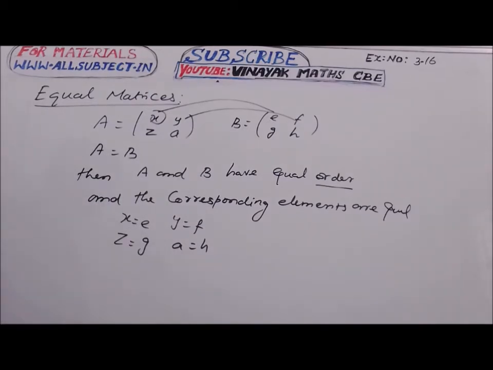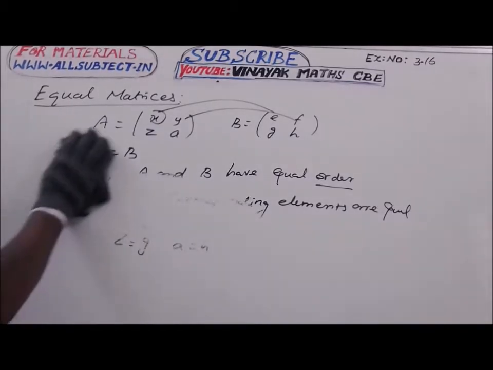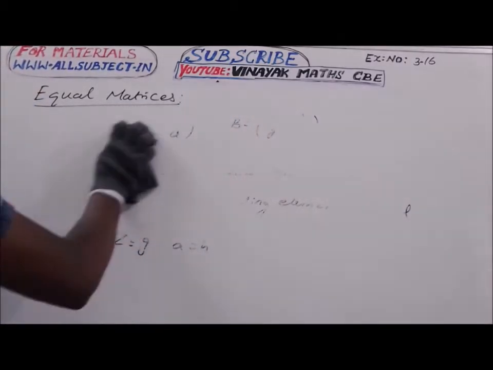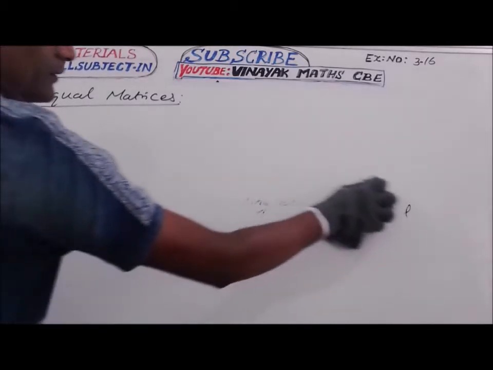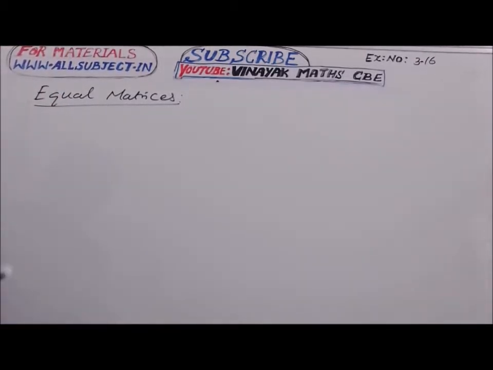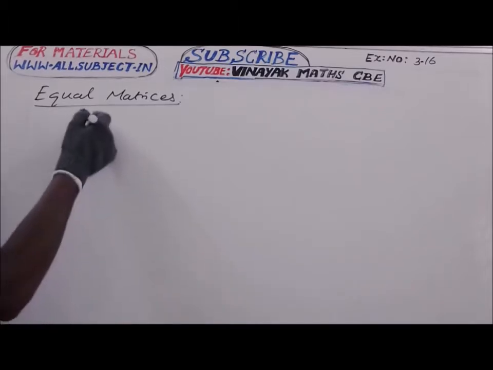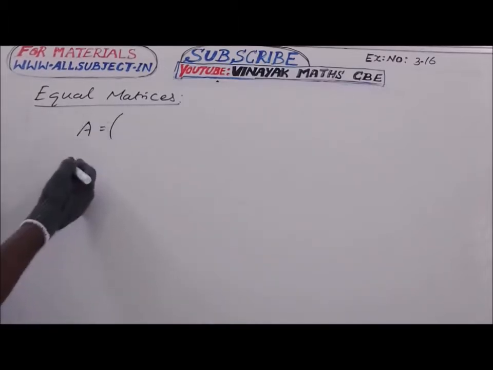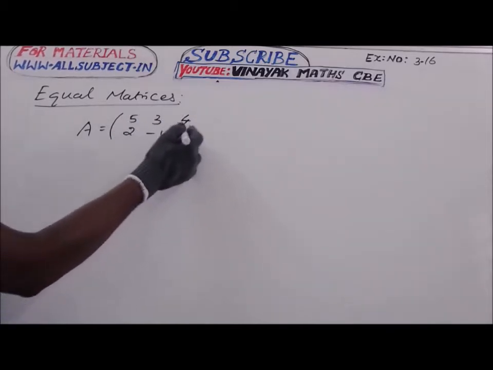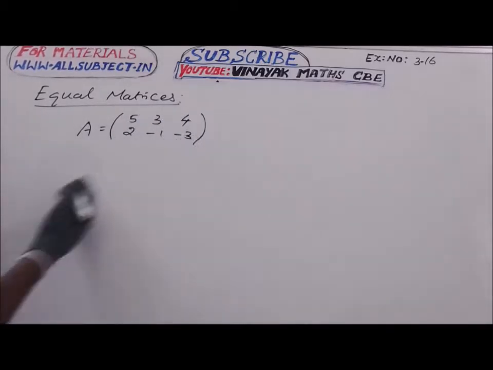The next one is the negative of a matrix. Changing the sign of all the elements of the given matrix gives the negative of the matrix. For example, A is the given matrix 5, 3, 4, 2, minus 1, minus 3.